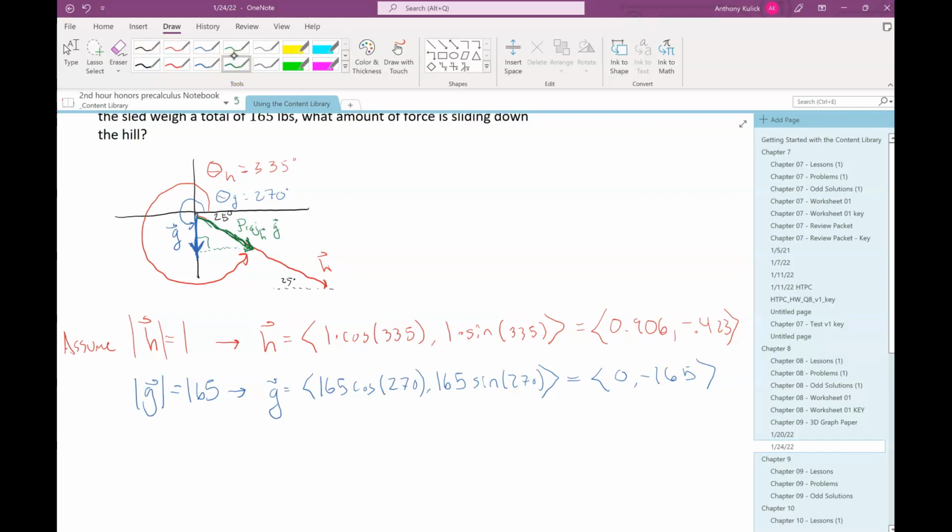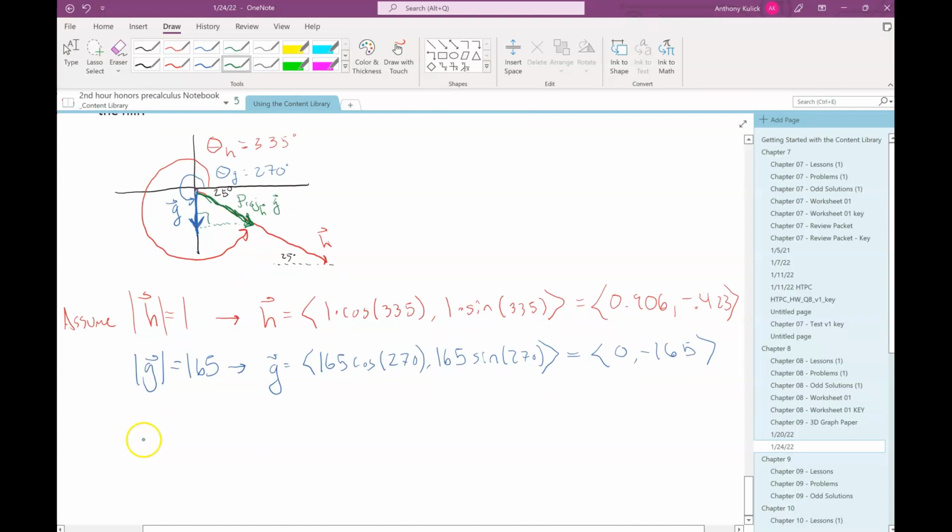So far, so good. Okay, so we want the projection then of G onto H. So that's going to be H dot G divided by the magnitude of H squared times the vector H.